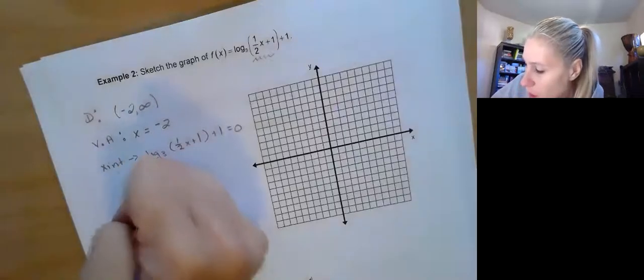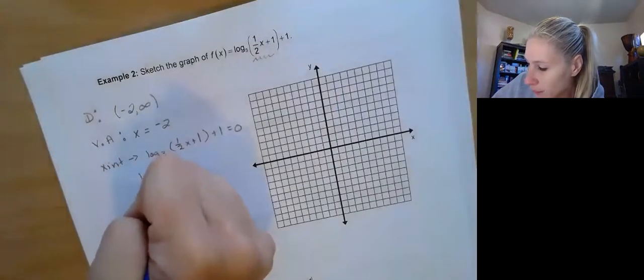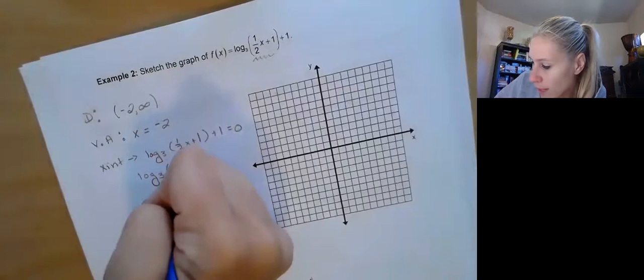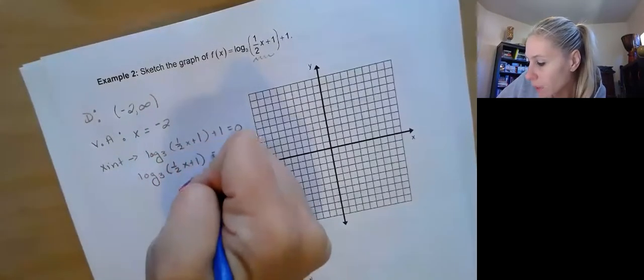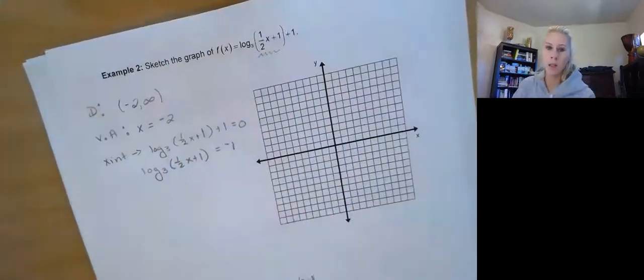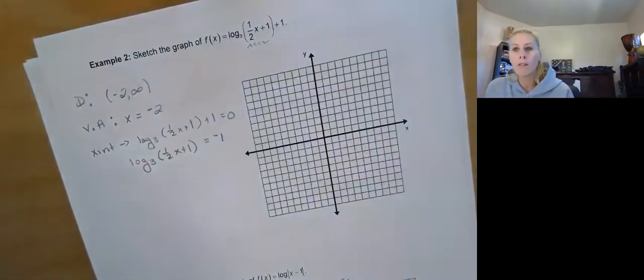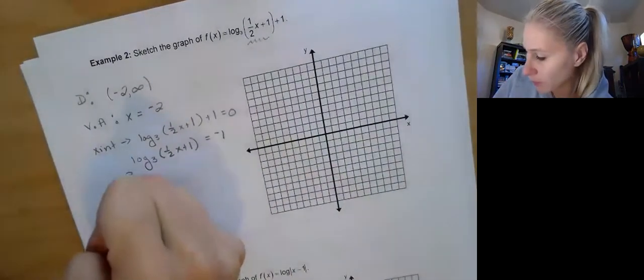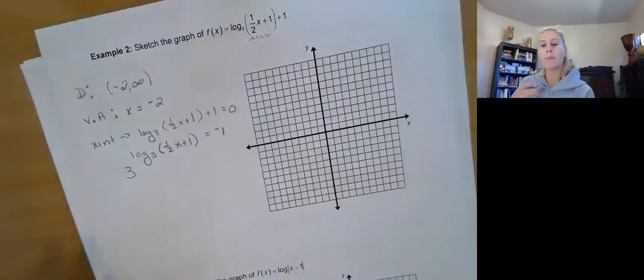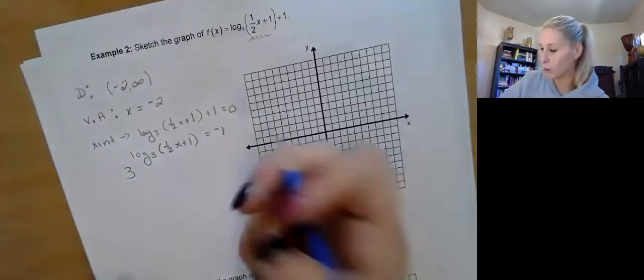So I have log base 3 of (1/2 x plus 1) equals -1. How do we get rid of the log base 3? Well, we have a base 3. Those would cancel. But let's remember, whatever we do to one side, we must do to the other.